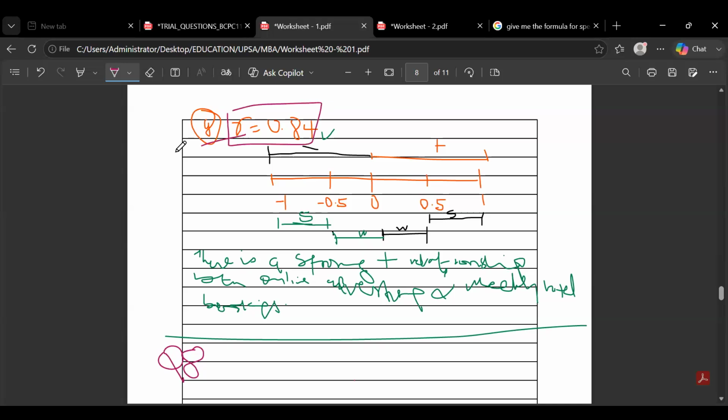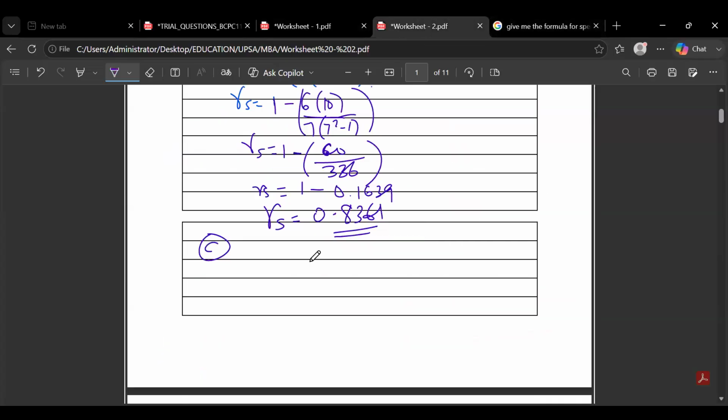We have the regression correlation, then we have the Spearman's correlation. Regression is R, Spearman is RS. Is it positive direction or negative direction? A strong positive. Good, that's what you write here.